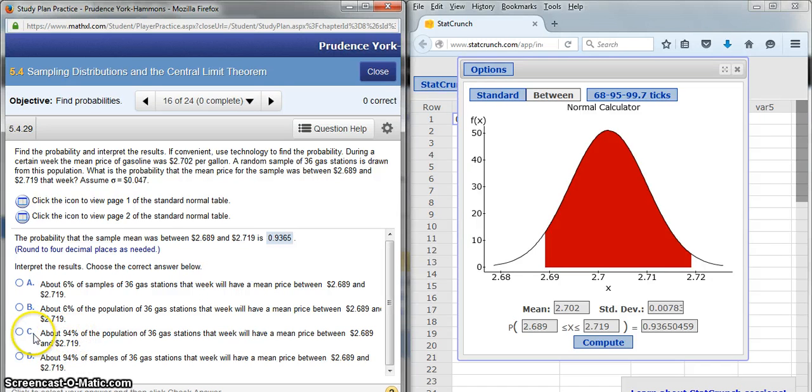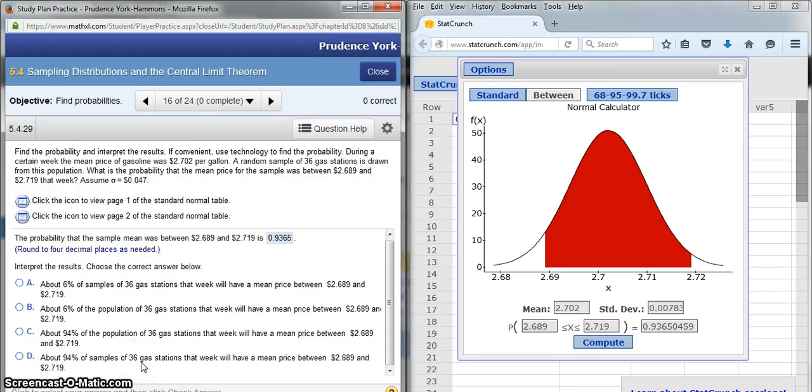So I know it's either C or D. About 94% of the population of 36 gas stations that week will have a mean price between $2.689 and $2.719. Or about 94% of samples of 36 gas stations would have the mean price between those two values. And so actually it's the samples of 36 gas stations. The population wasn't 36. We took samples of size 36.